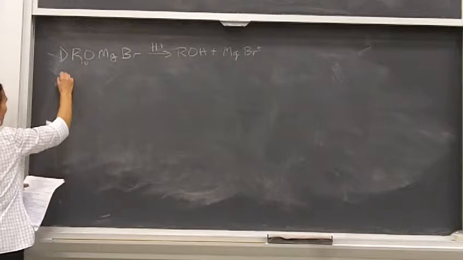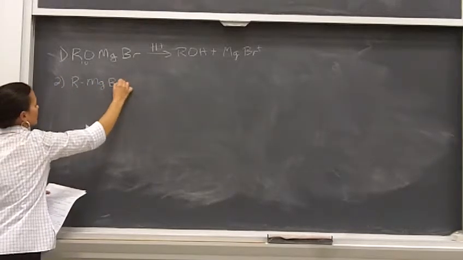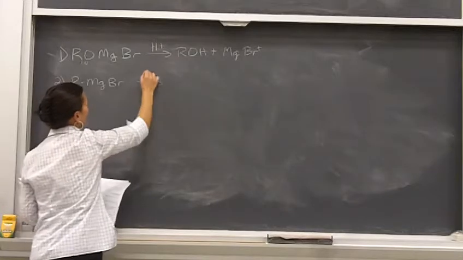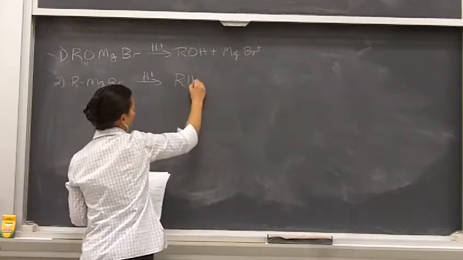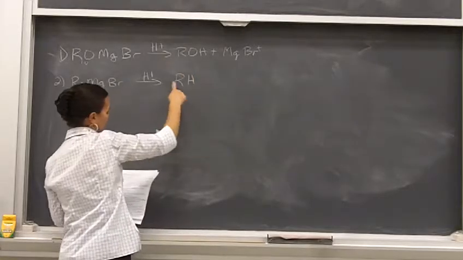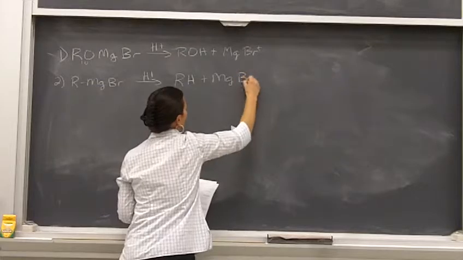It will also react with any Grignard reagent left around that we didn't react with earlier, and will form the alkane equivalent to our original alkyl bromide plus some more magnesium bromide.